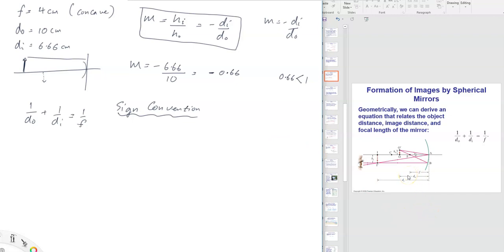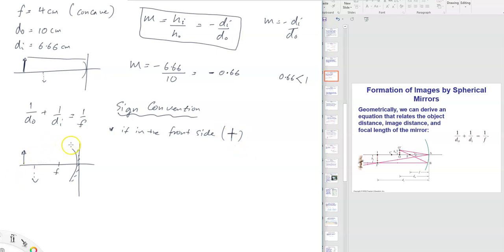It says that, in this diagram, any kind of mirror, if an object or an image or the focal point appears in front of the mirror, this is the reflective side, the front side, if in the front side, these measurements are positive.